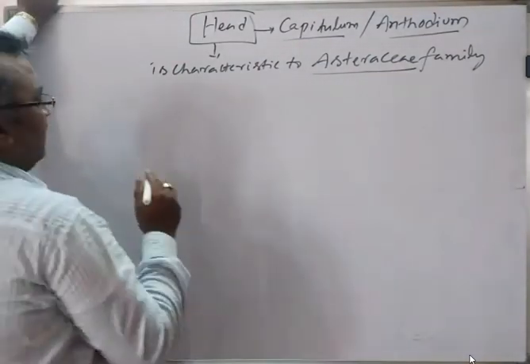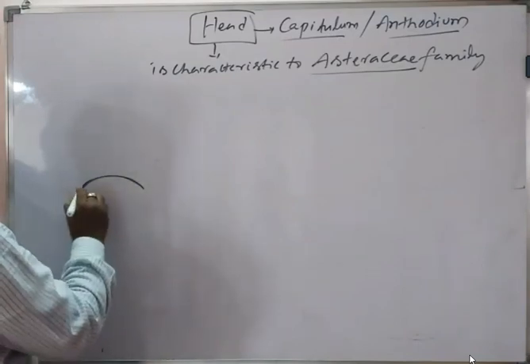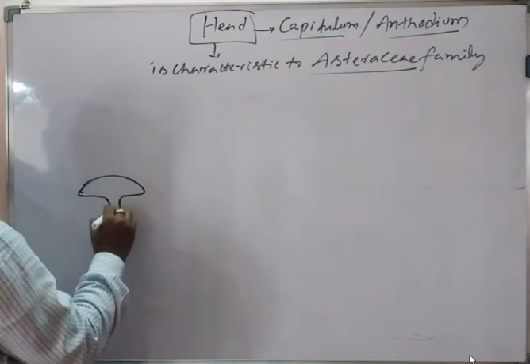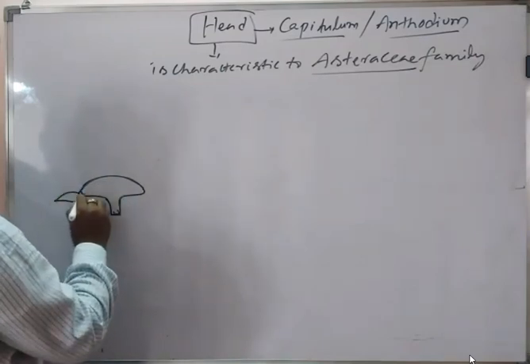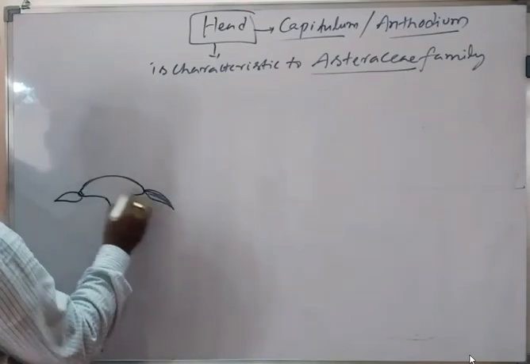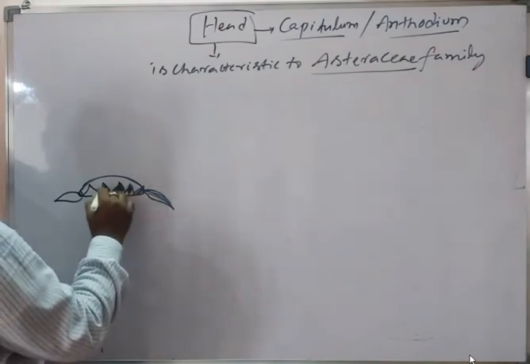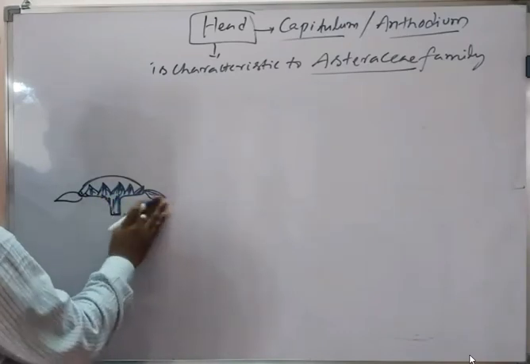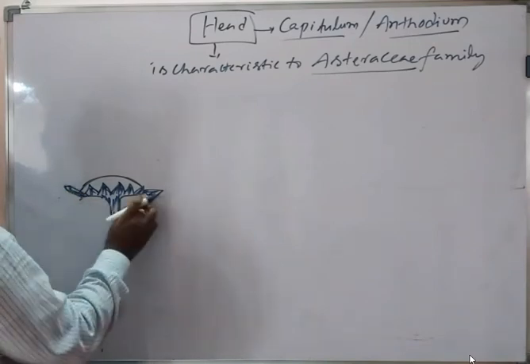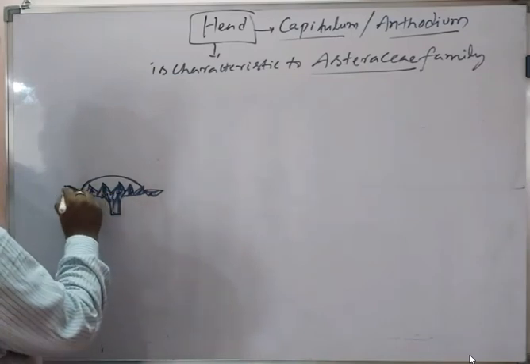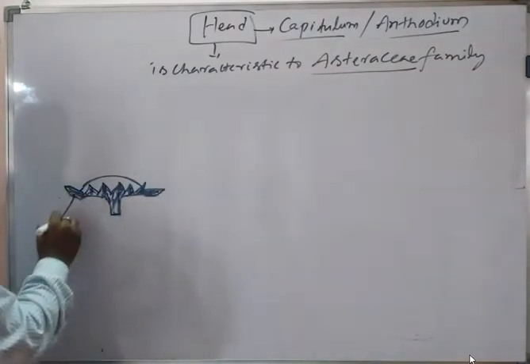In this, the peduncle is condensed. When the peduncle is condensed, bracts form the whorl. Now this is the whorl of bracts.